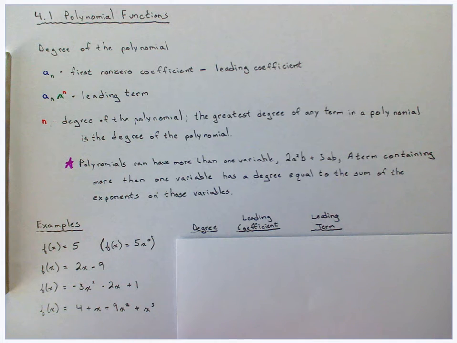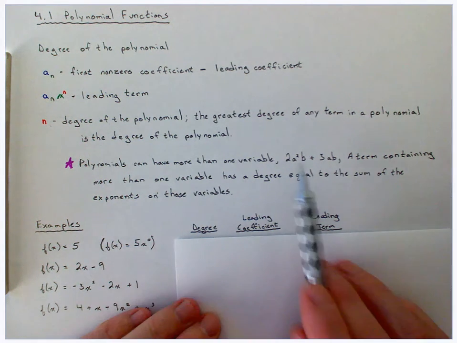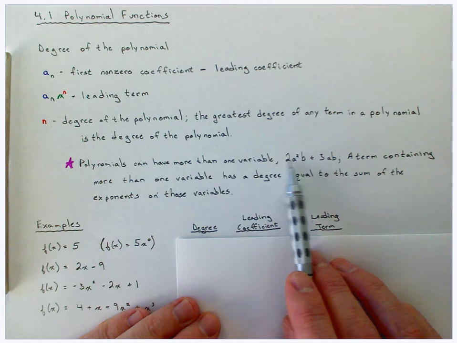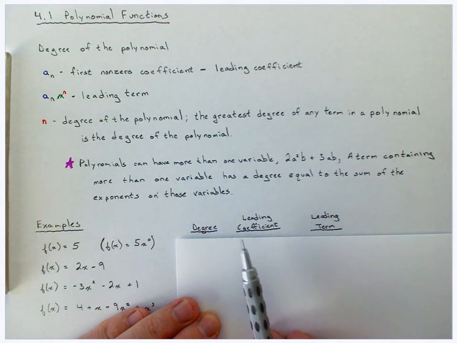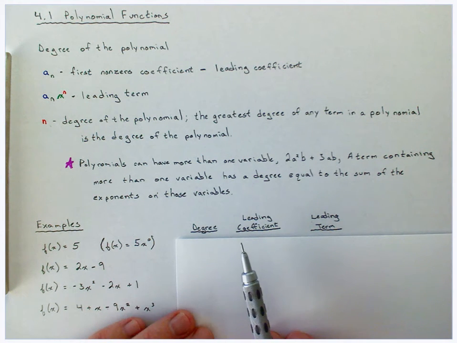One thing I wanted to add though, and our book doesn't really go into this, is that polynomials can have more than one variable. Something like this: 2a squared times b plus 3ab. I have variables of a and b in there.